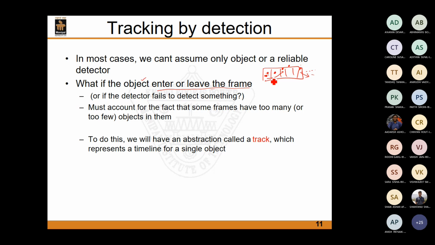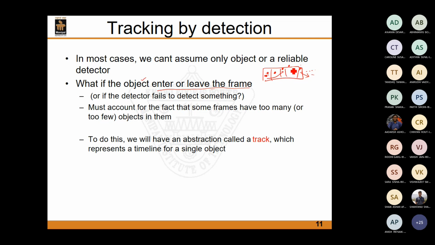Let's say that after some time the object has left the frame and the algorithm is not able to track it. Then it can stop the trajectory there, and keep looking in all the successive frames.